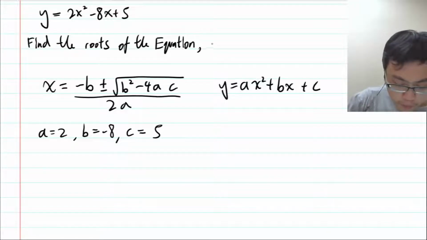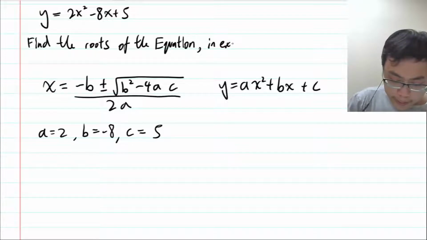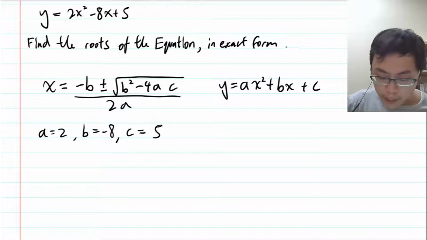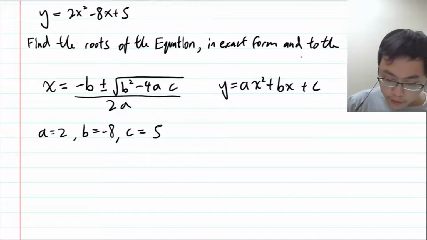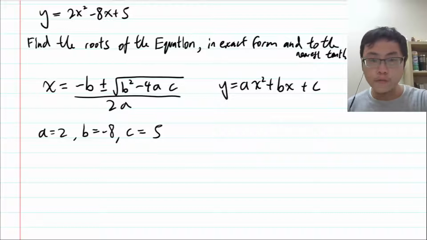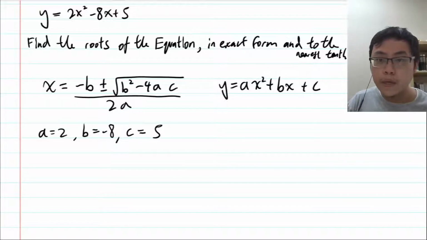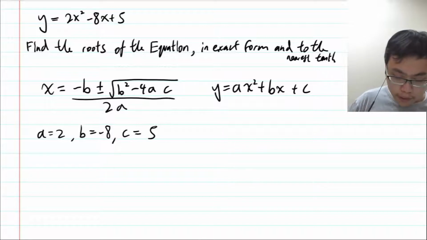And let's say, for example, we want our answer to be in exact form, meaning that we'll have to leave it in square root form, and also to the nearest tenth. Okay, so two different forms over here. Okay, so let's go ahead and do that.